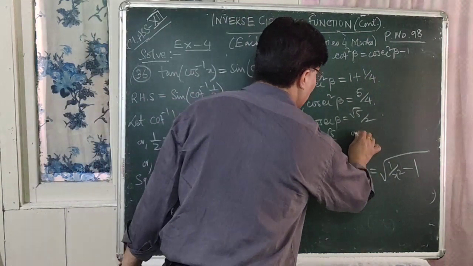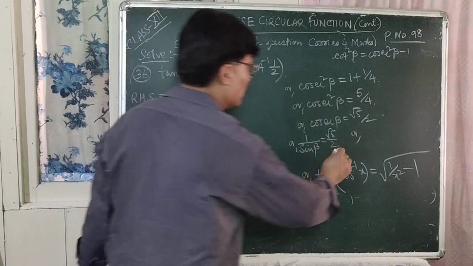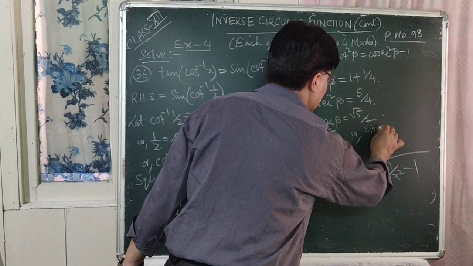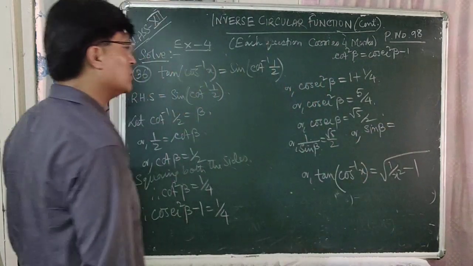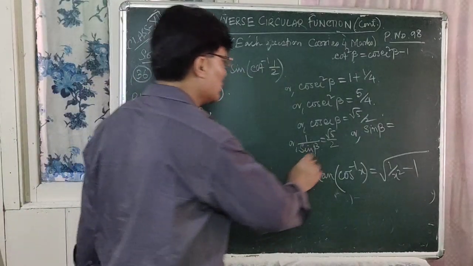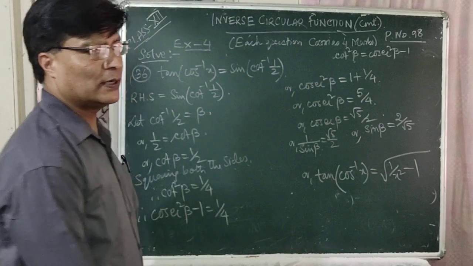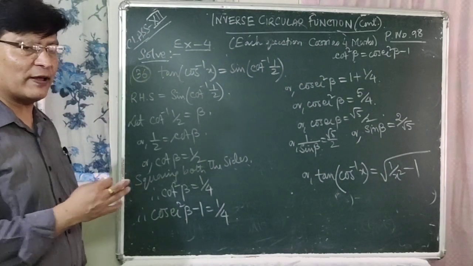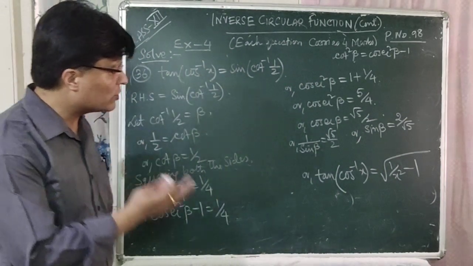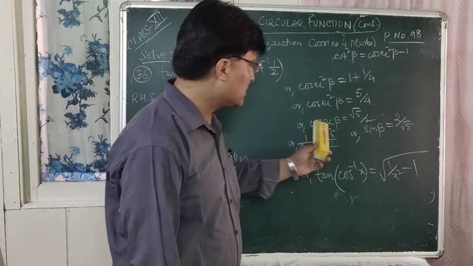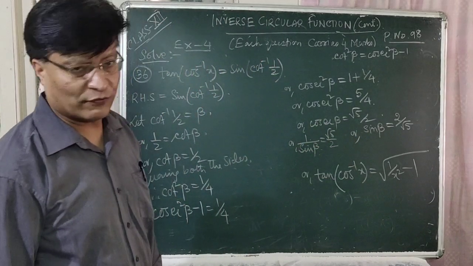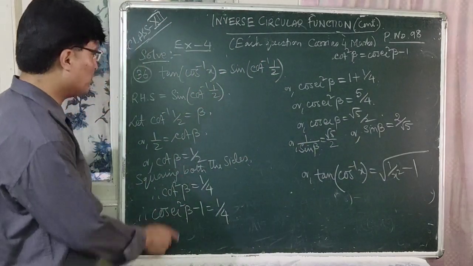Or invert both the sides. What do we get? Sine beta is equal to 2/5. Got it? If 1 by sine beta is root 5/2, so inverting both the sides, we can get sine beta is equal to 2/5. Okay?